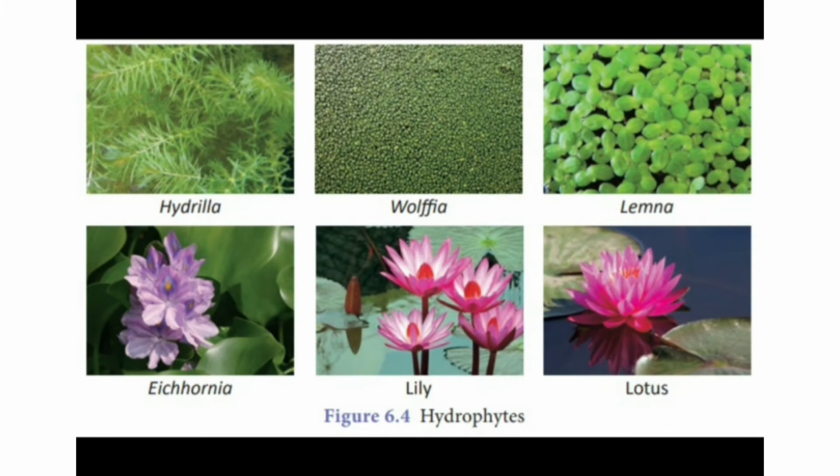Now let's discuss some adaptations of the hydrophytes. The submerged parts of hydrophytes are covered with mucilage, which protects the plants from decaying. Secondly, the stems are spongy and very flexible.